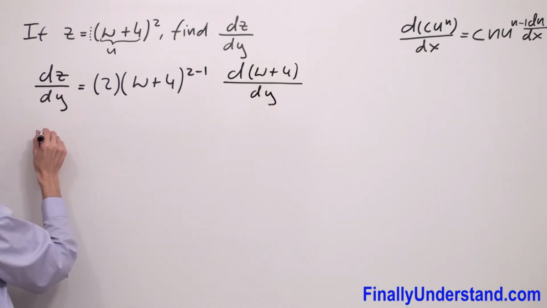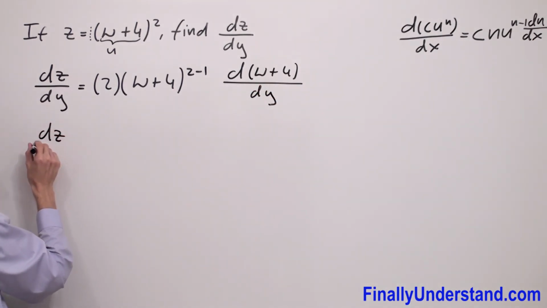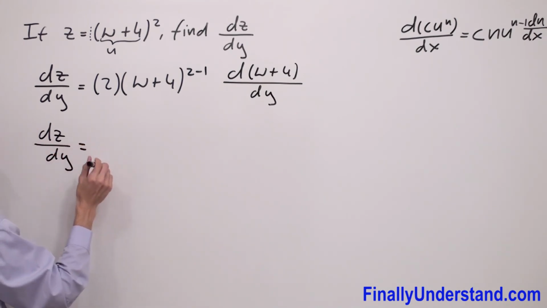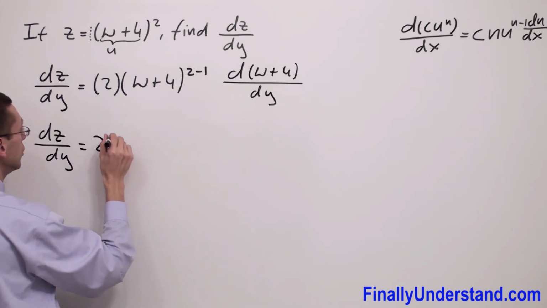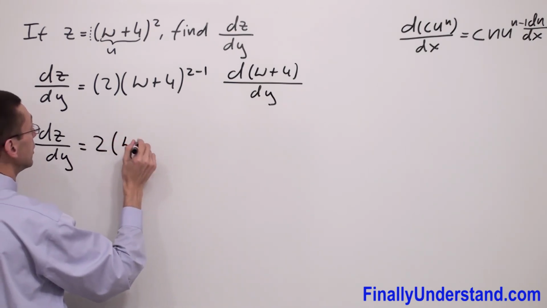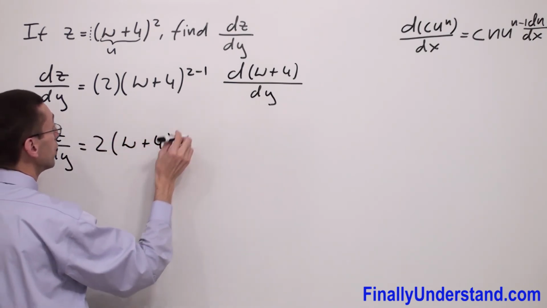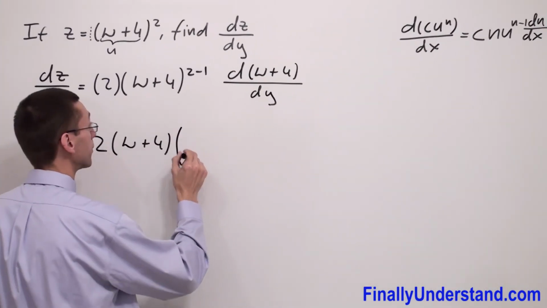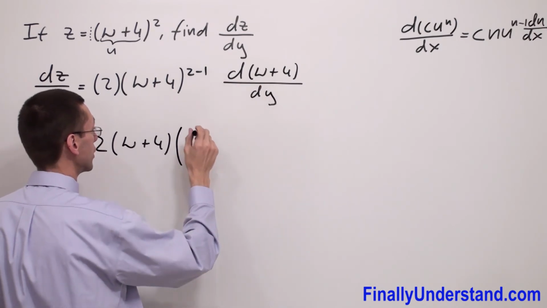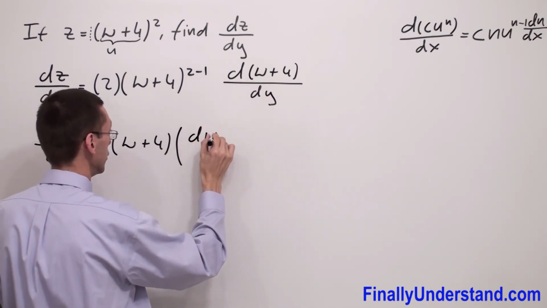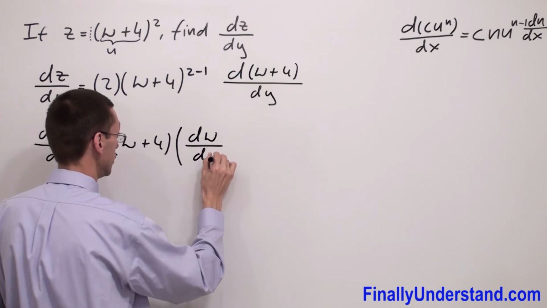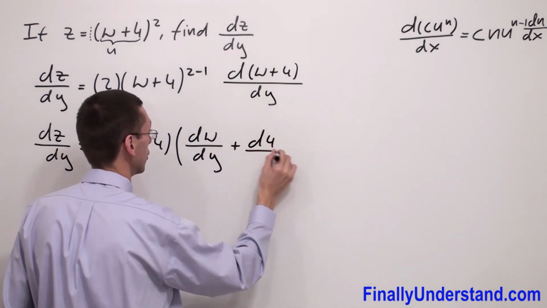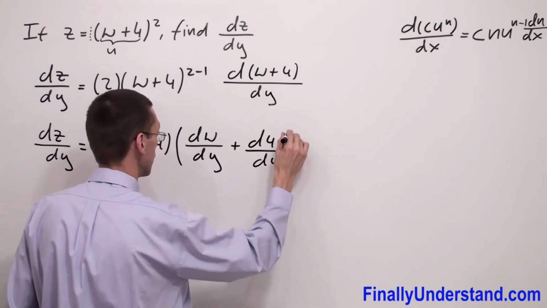Okay, so I have the derivative of function z with respect to y is equal to 2 times w plus 4. 2 minus 1 is first power, I'm not going to write it, times the derivative of the sum, so this is dw over dy plus the derivative of constant 4 over dy.